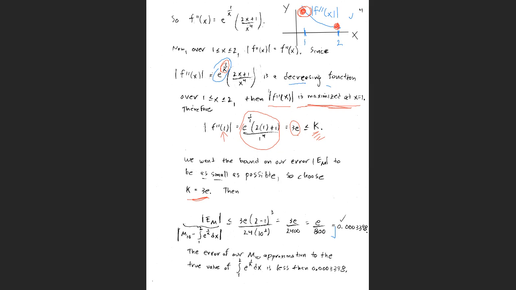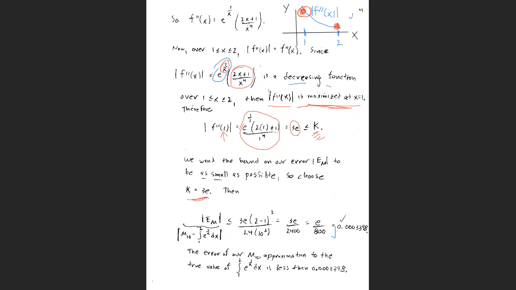So e to the 1 over x decreases. But also 2x plus 1 over x to the 4th power is also a decreasing function. It's not necessarily obvious, but if you were to graph that second derivative, you would see it's a strictly decreasing function. That's really the best way to do it.